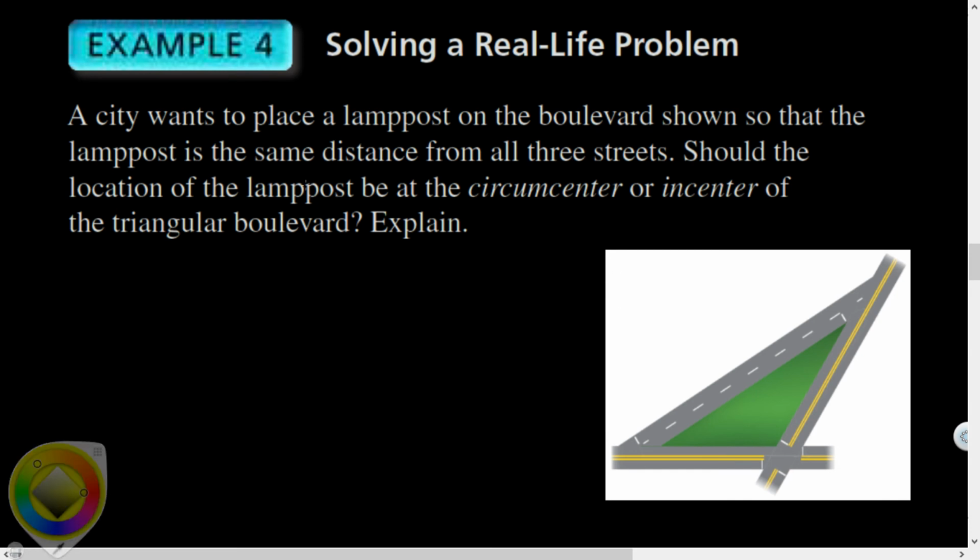But let's see, the city wants to place a lamppost for Mr. Tumnus on the boulevard shown so that the lamppost is the same distance from all three streets. Should the location of the lamppost be at the circumcenter or incenter of the triangular boulevard? So they want to find a point so that it's the same distance from the streets. What type of point am I looking for?